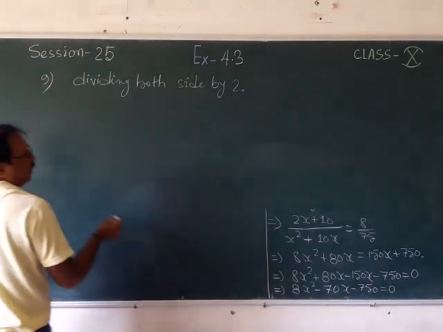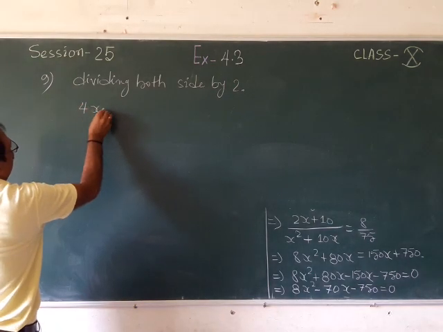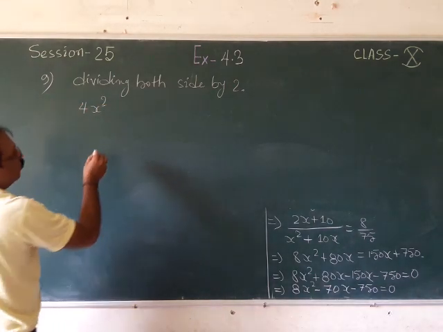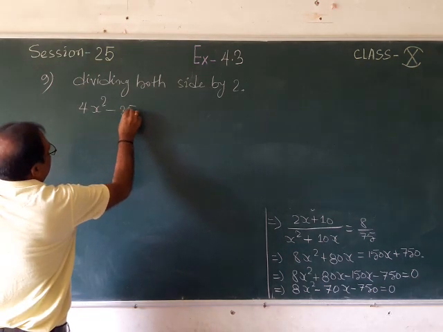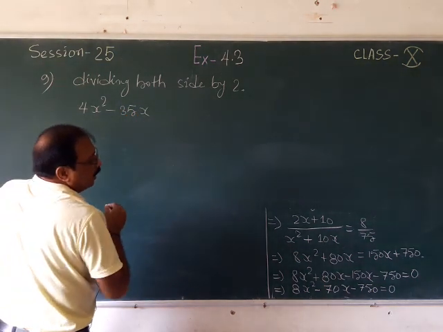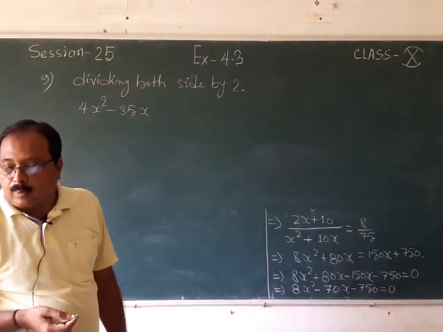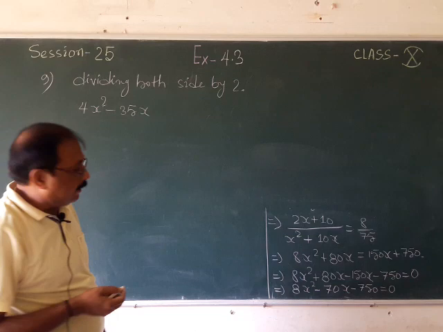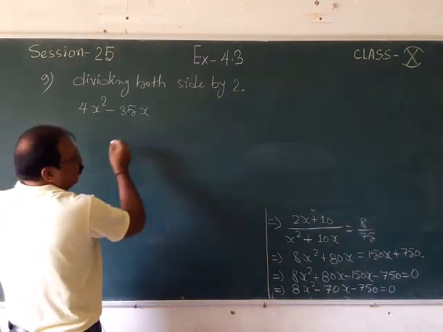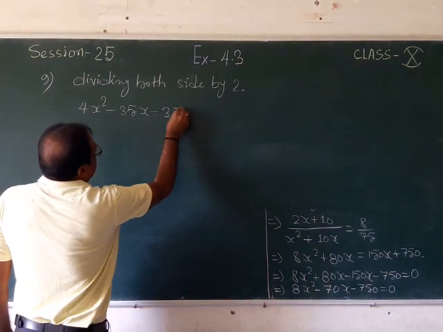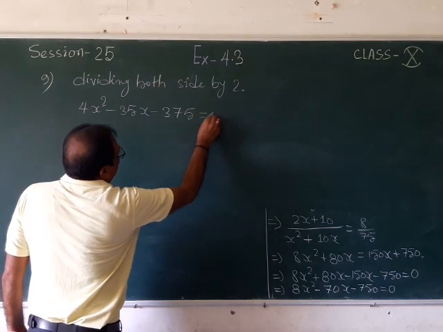So 2 can divide 8, then you will have 4x square, and 2 can divide 70, then you will have 35x, and 2 can divide 750, it will give you 375, and it is equal to 0.